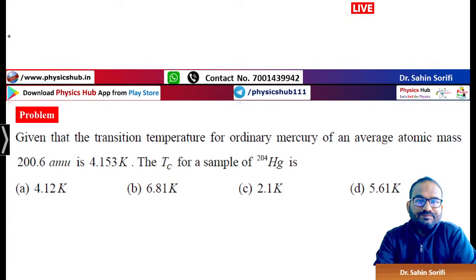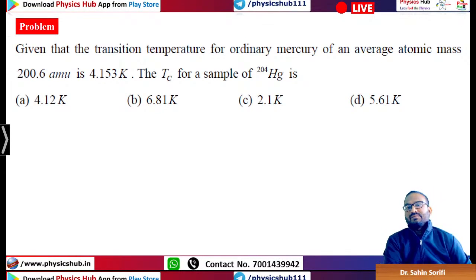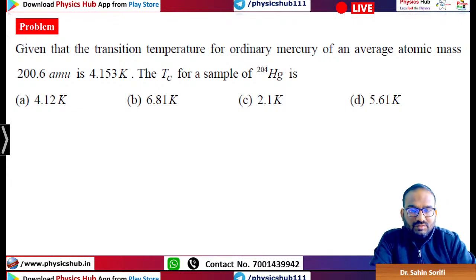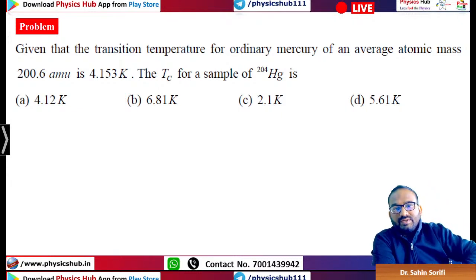Let's go for a problem. Given that the transition temperature for ordinary mercury of an average atomic mass 200.6 mu is 4.153 Kelvin, find the Tc value for 204 mercury.